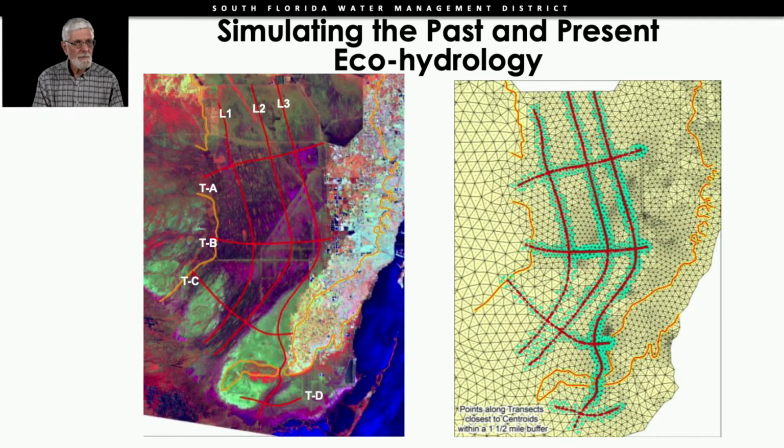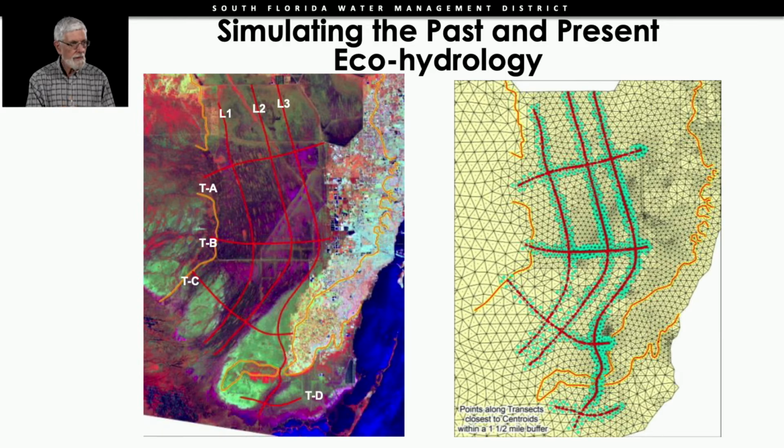I want to simulate the past and present ecohydrology for you because this might be one of the most important aspects of Everglades restoration. Let's follow a computer simulation along this L1 transect, which is this one here, because it goes from the northwest part of 3A into Shark Slough.